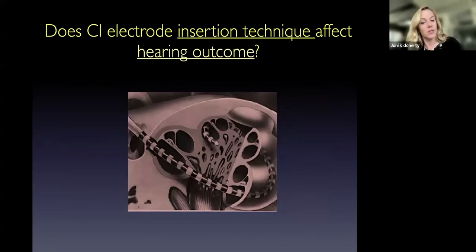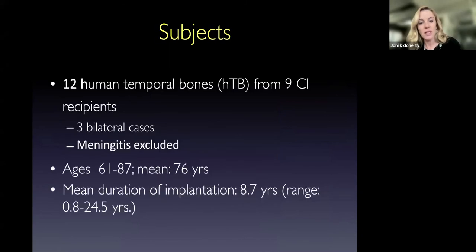So does the insertion technique affect the hearing outcome? We looked at 12 human temporal bones from 9 cochlear implant recipients. 3 were bilateral. We excluded cases with meningitis. The mean duration of implantation before death was 8.7 years, with a range up to 24.5 years.